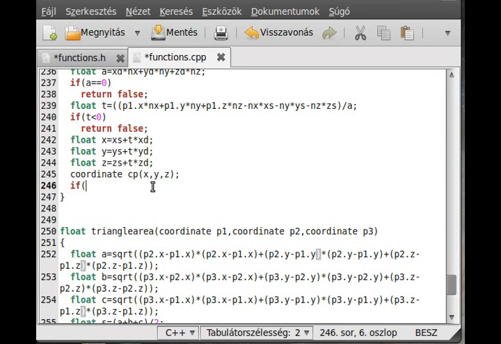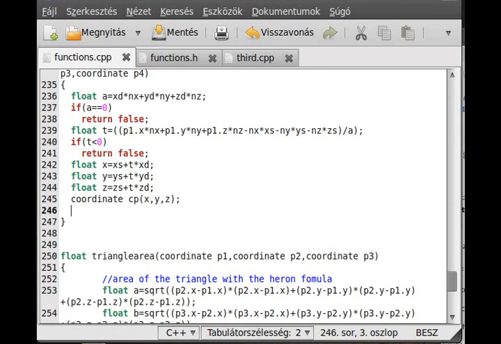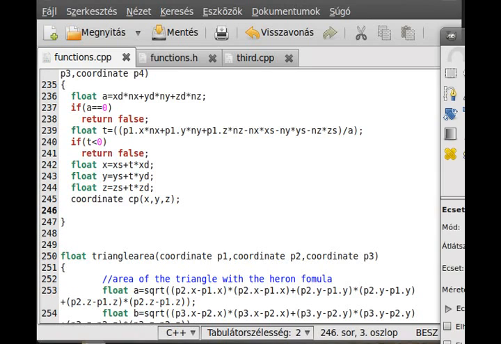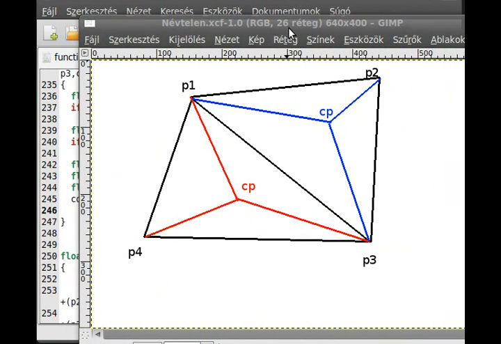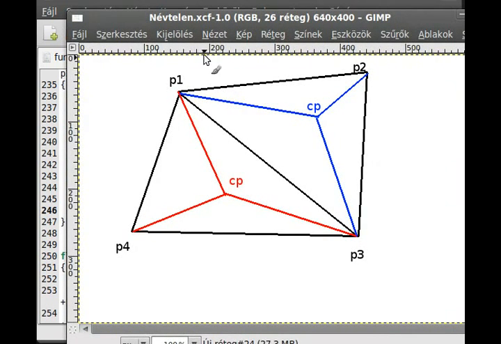And now it's time to calculate the area of the triangles. I did a little drawing here which may help to visualize what triangle area we should add. So this is our quad, and I divided it into two triangles, and each of these two triangles is divided into three more triangles.